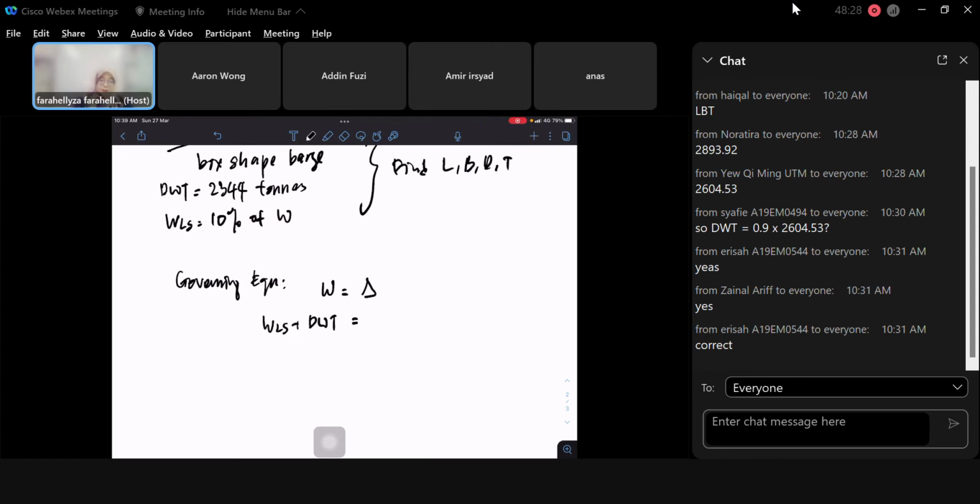And the displacement is basically rho times the volume, or basically LBT. If we want to write further, rho times L times B times T times CB. CB we can neglect because it is 1.0, the block coefficient. But this equation, L times B times T, is only applicable for a box-shaped barge.